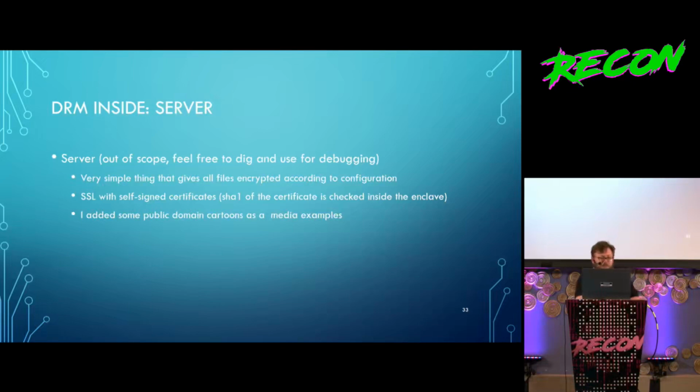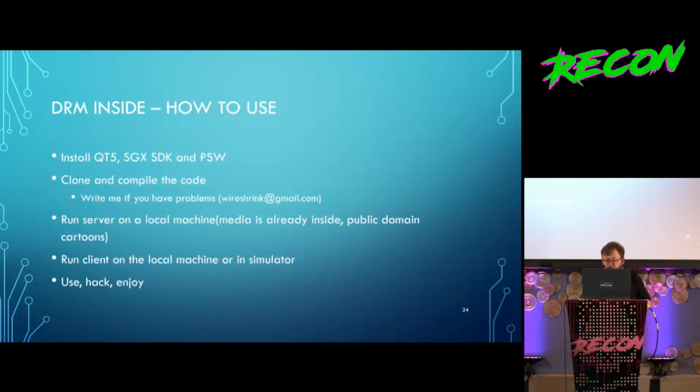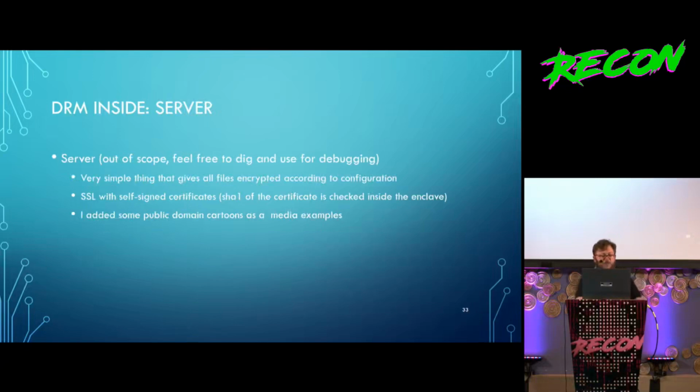It's a very simple Python script that gives all files encrypted via SSL according to configuration. It is an SSL server with self-signed certificates, and I check the SHA-1 of the certificate inside the enclave. I added some public domain cartoons as media examples. At least, I downloaded these cartoons from an internet site with this claim.